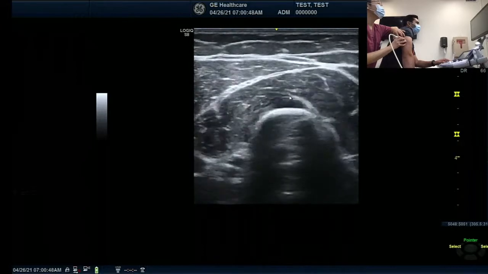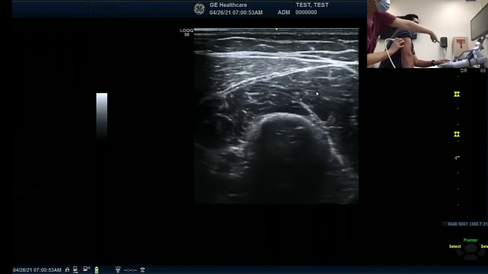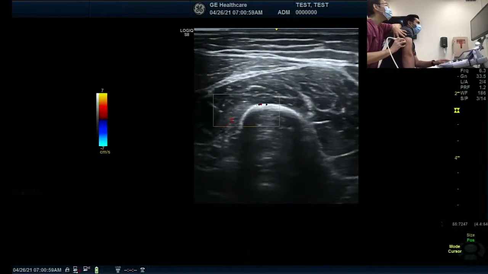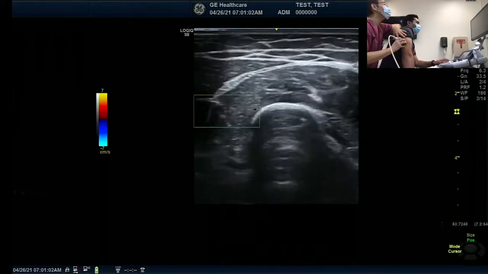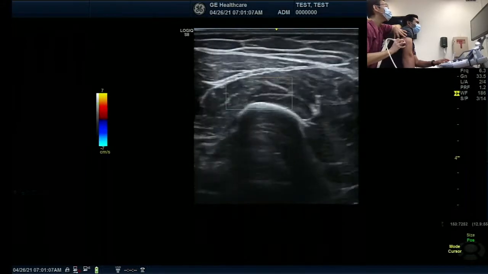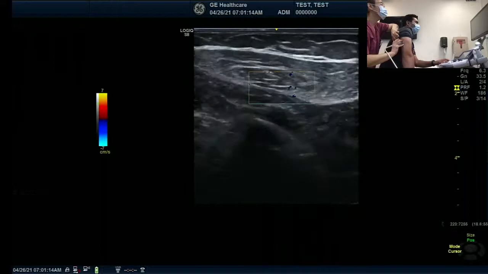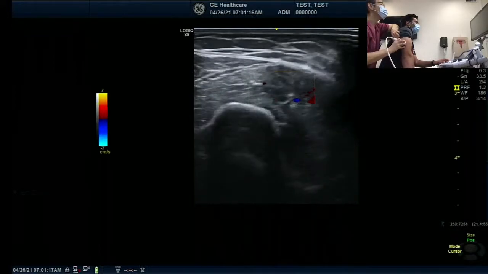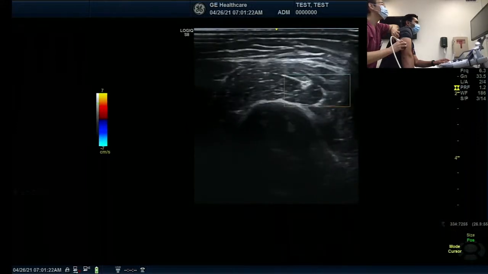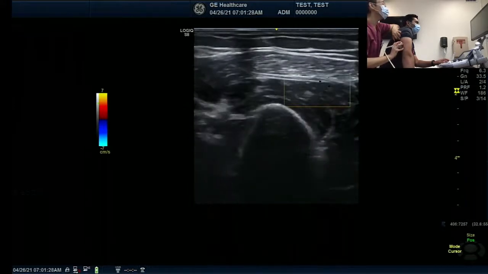And then maybe we talk about the deep brachial artery. Can we look for the deep brachial artery? Let's use the CF, color flow. Move to the radial nerve area. Okay, coming from here. We're kind of lost. There's a radial nerve coming over there. It should be in the bone area.